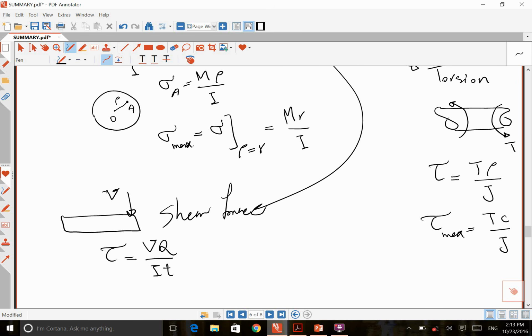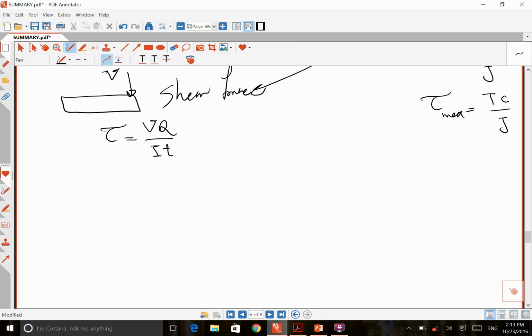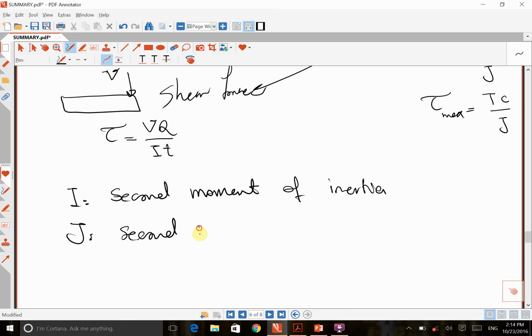If you wondered what this J and this I are, I is the second moment of inertia, and J is the second polar moment of inertia.